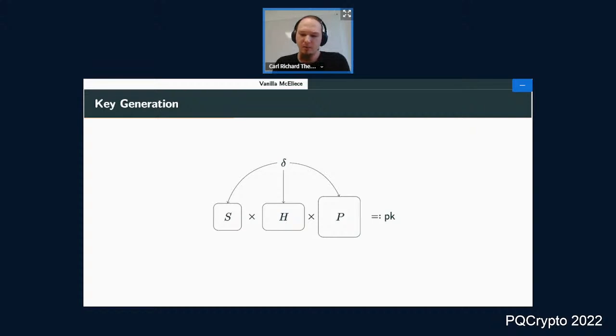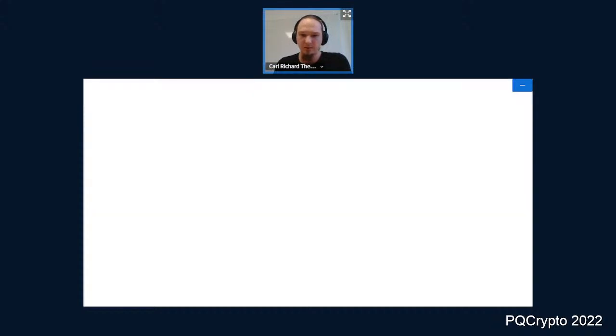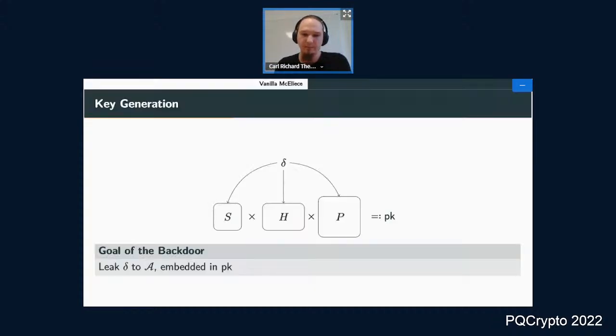And you might also notice that we use the Niederreiter version here, but this is not relevant because for the backdoor, we will focus on that permutation and do not use any special properties of that code. So now we have the key generation, and to backdoor it, we want to embed this delta, this small representation of the secret key.